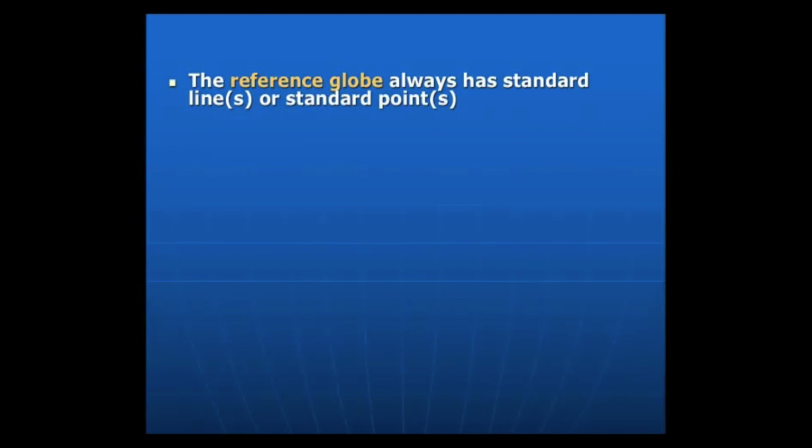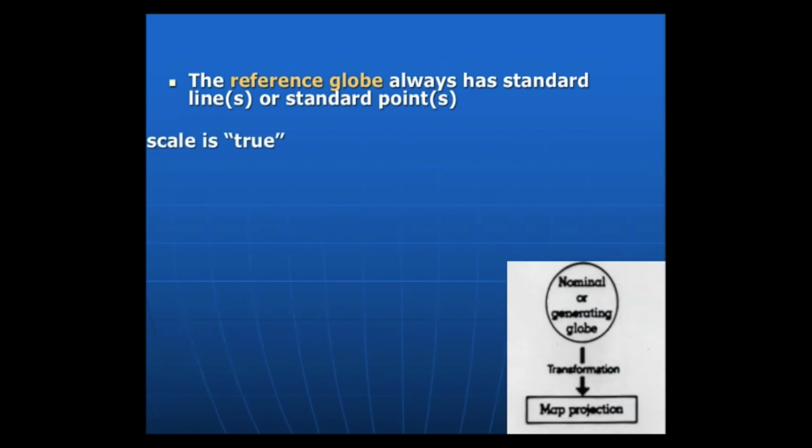We call those standard lines or standard points, and that's a very important term. Because if you know where your standard line or standard point is, that is where scale is true. And what you want to do is have scale be true around whatever you are mapping. You want to preserve the quality of the map, and you can do that by choosing proper projections this way.